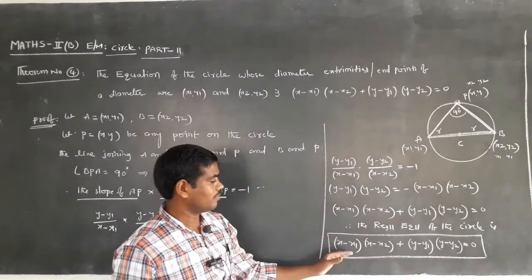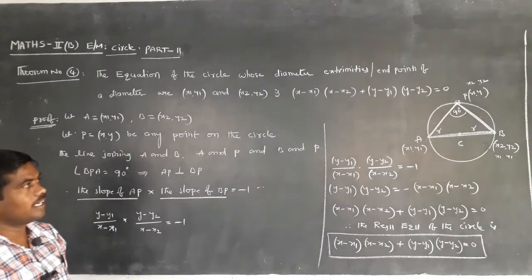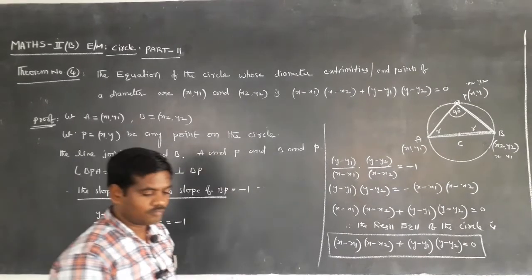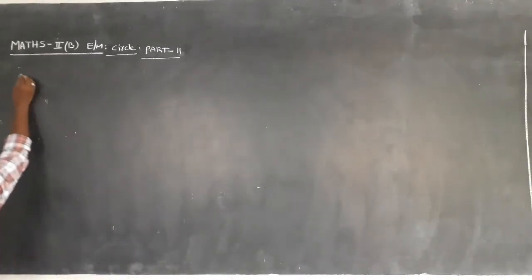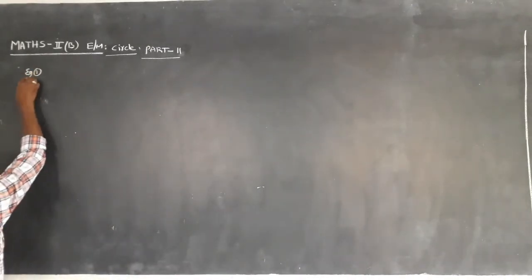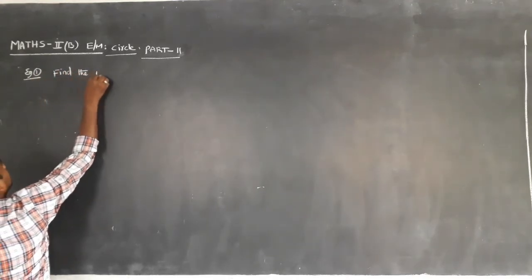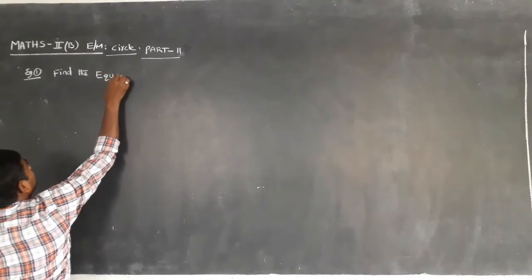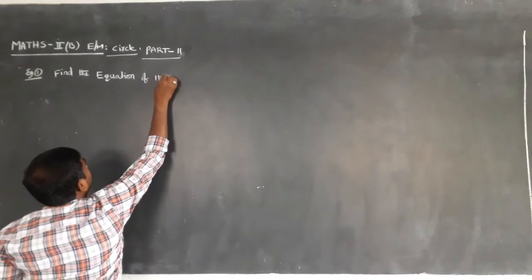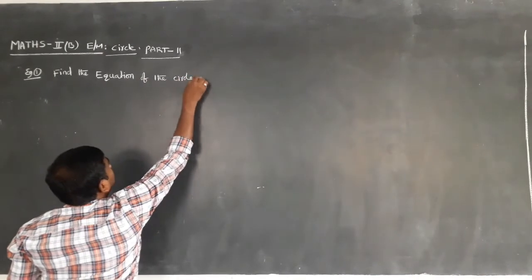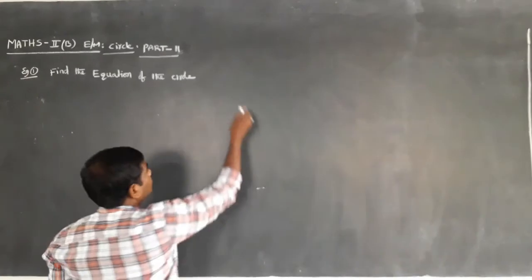This is the formula for finding the equation of the circle whose extremities of a diameter, or endpoints of a diameter.